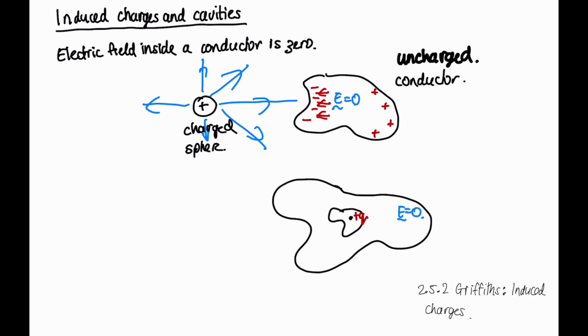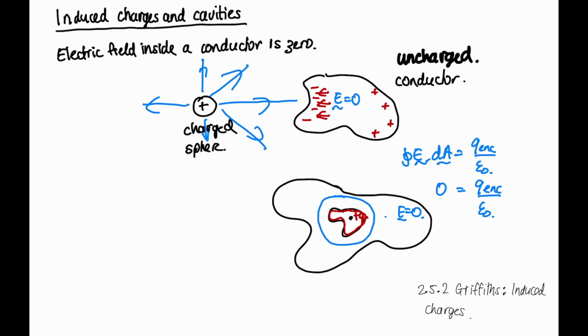And Gauss's law tells us that if we take a Gaussian surface like this, so say this is a sphere that contains the entire cavity there, in that case we know that the integral of E dot dA is equal to Q enclosed over epsilon naught, and E, we've said inside the conductor is 0, so we've got 0 is equal to Q enclosed over epsilon naught. So that tells us that there must be a charge around the surface of this cavity here to cancel out that positive Q charge there.